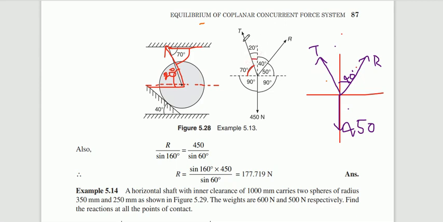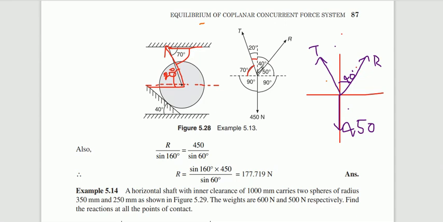If we are considering 20 degree, then the y component becomes cos. If you are considering 70 degree, then the x component becomes cos. So whichever angle you are considering, based on that you have to resolve the forces. If you are applying the equilibrium condition, then the resolution will come. That is why I am telling you.